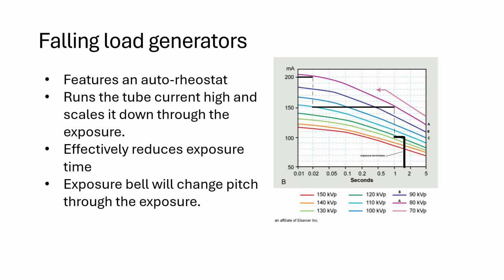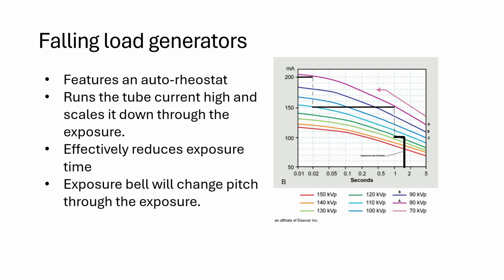But what I've drawn in here is how a falling load generator runs. So a falling load generator is going to basically try to maximize the efficiency of the heat capacity of the tube to stack on as much heat as we can in order to shorten the exposure time as much as possible.